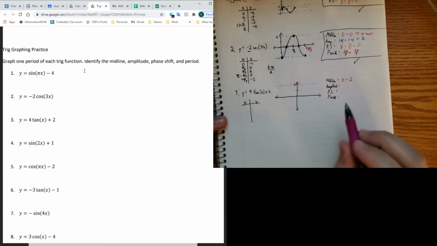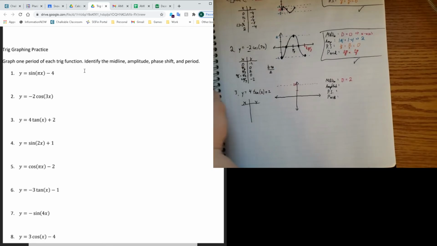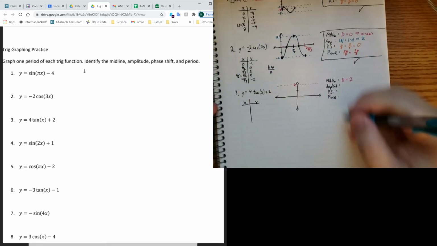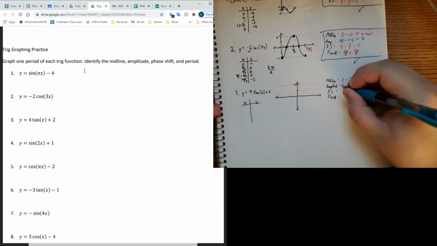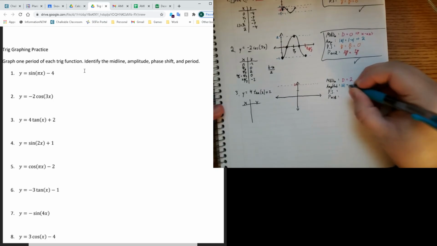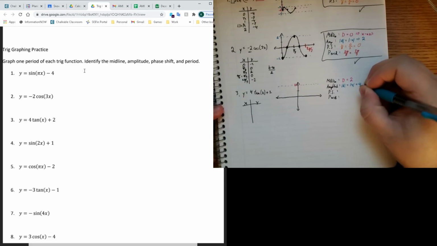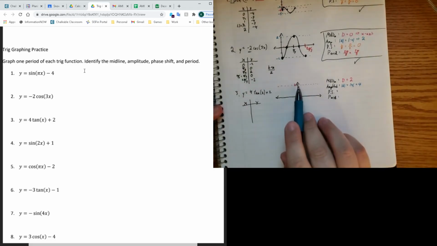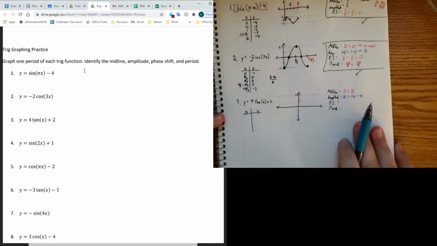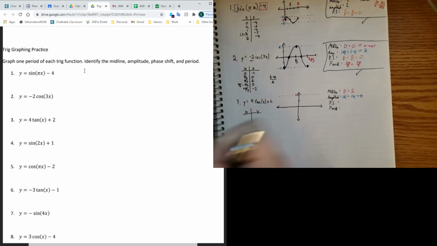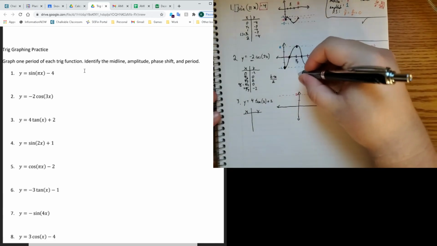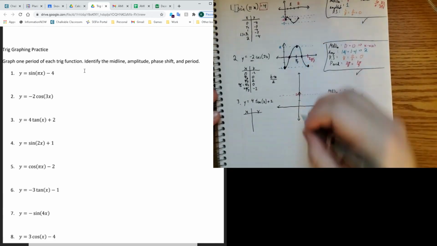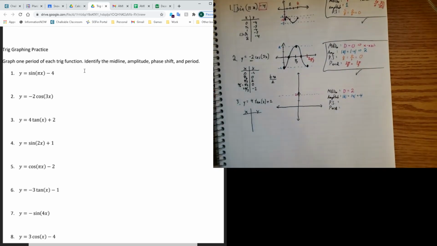So my amplitude comes next. My amplitude is based upon the absolute value of a, which in this case is 4. This tells me I need to go up 4 from 2 and down 4 from 2 to make my graph, which means I need a bigger graph. Let's do it. I'm going to extend it up a little bit. I think downwards I'm actually okay.